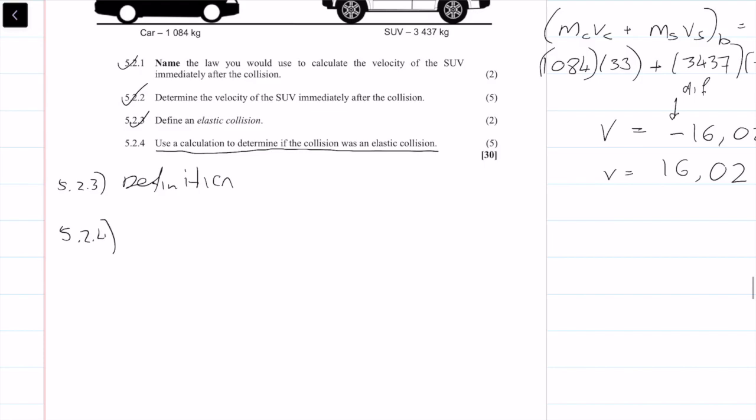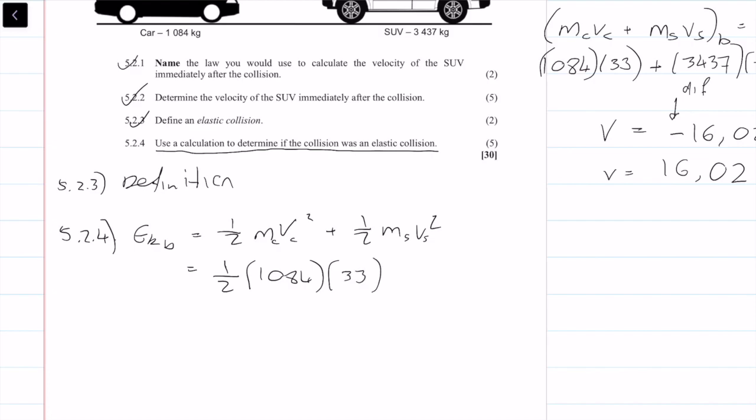Okay, 5.2.4, there we go. We're looking for EK before the collision, which is equal to 1/2 times the mass times the velocity of the car squared plus 1/2 times the mass of the SUV times the velocity of the SUV squared, which equals 1/2 times the mass of the car, 1084, times the velocity of 33 squared plus 1/2 times the mass of the SUV, 3437, times the velocity.